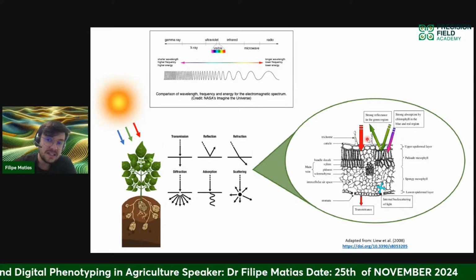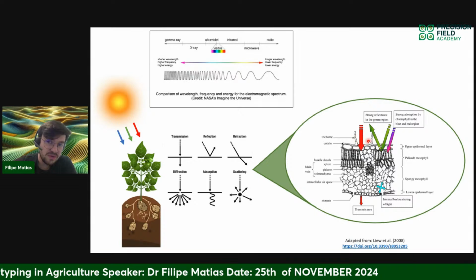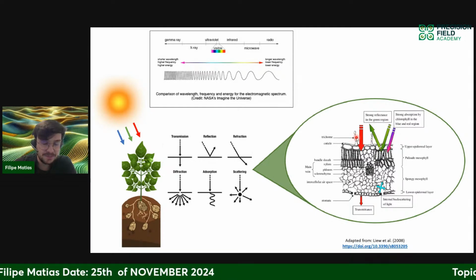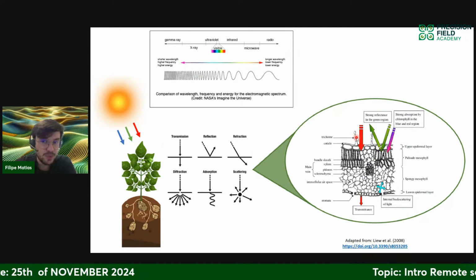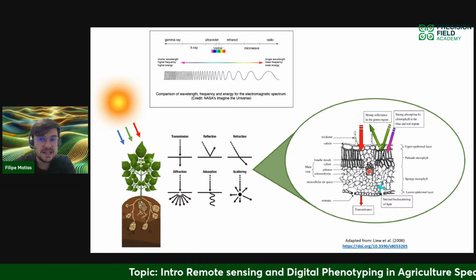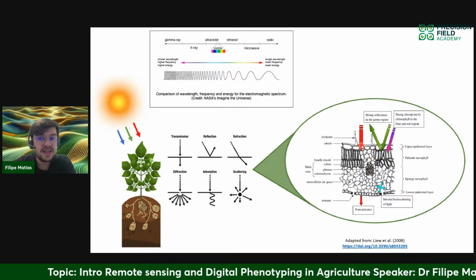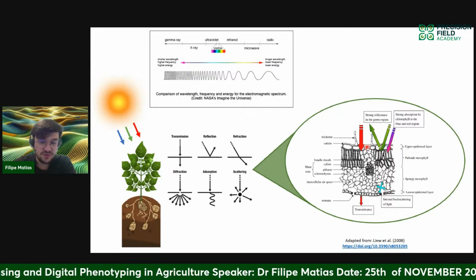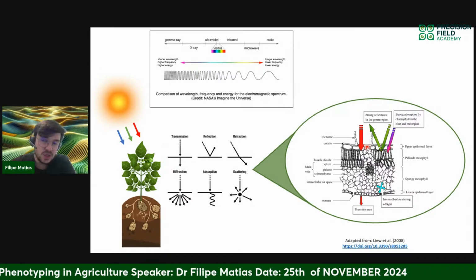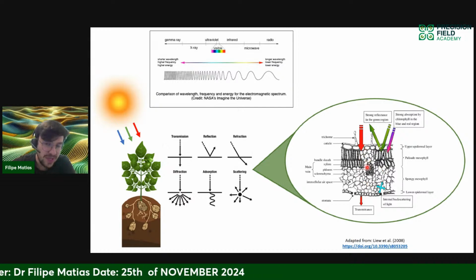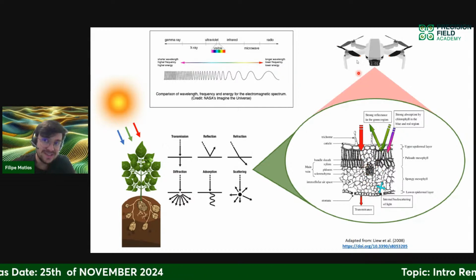The way that the light or radiation is going to reflect or react to these trichomes is going to be different. Another point is, imagine that we have more water content or less chlorophyll. The way that the radiation reacts is also going to be different. The main point is that, no matter what we have here, we're going to use sensors.